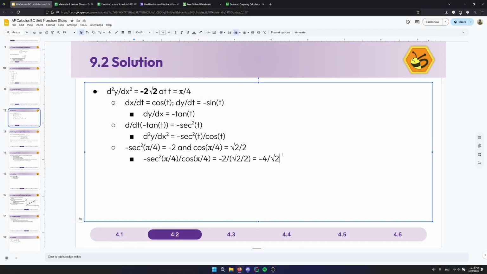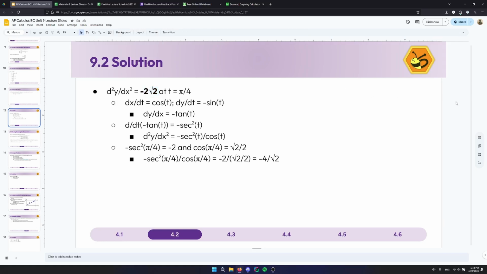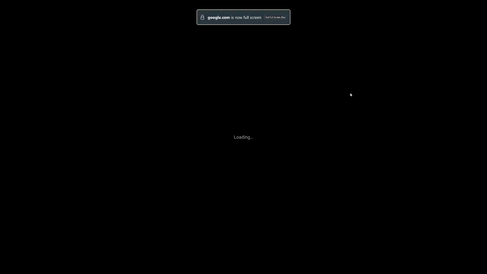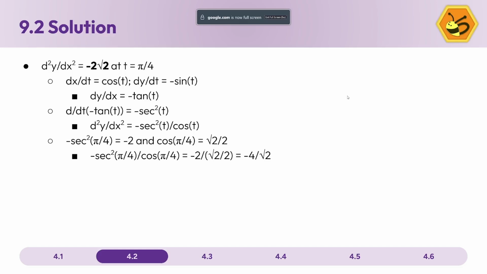Yeah, negative 4 over square root of 2. I just didn't simplify it down, but those two should be equivalent. So hopefully we understand the solution. Again, just recall what our formulas for the derivatives are, and I just want to emphasize one more time for our second derivatives, don't forget the chain rule part. Just remember it, and then we should be good to go.